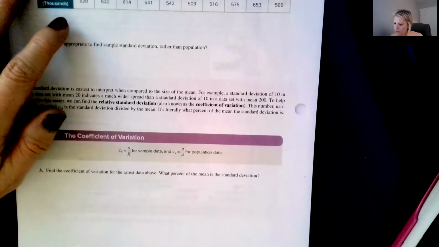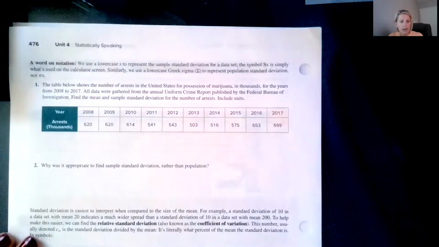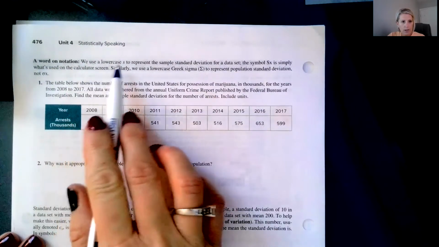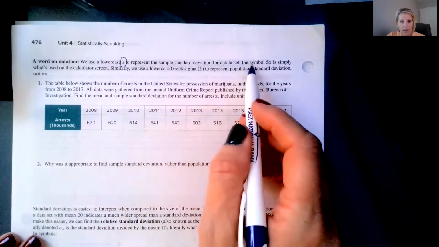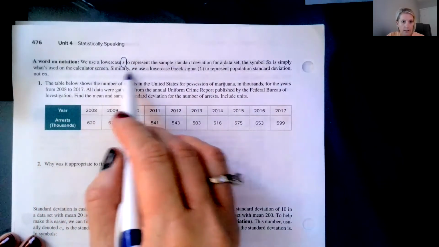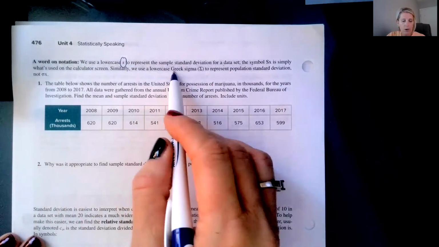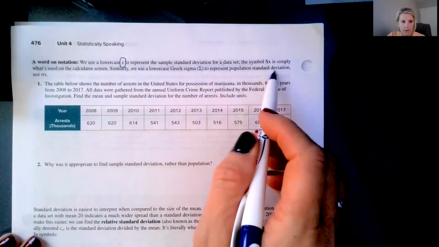So let's go to page 476. It says a word annotation. We use a lowercase s to represent the standard deviation for a data set. The symbol SX is simply what's used on the calculator screen. We use the lowercase Greek sigma to represent population standard deviation.